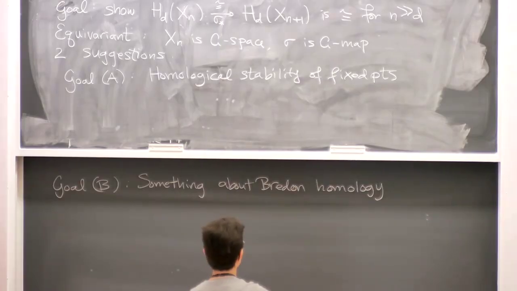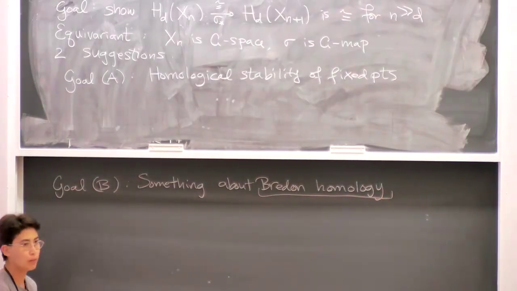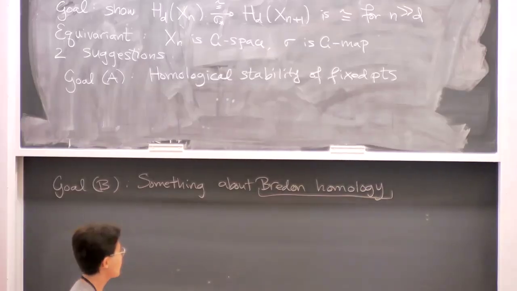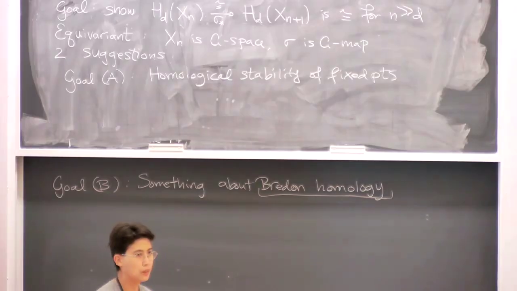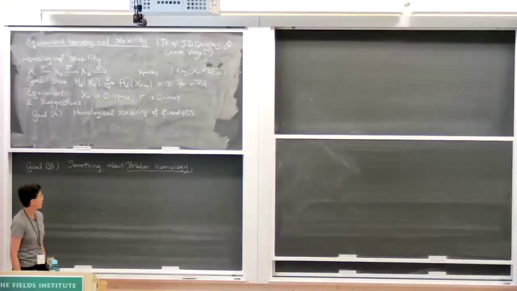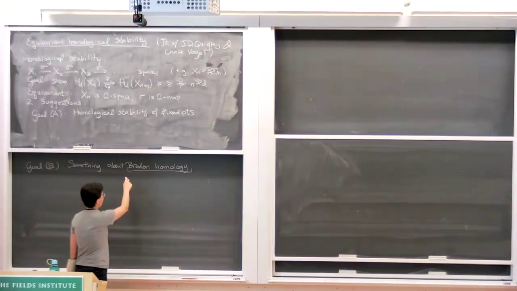I'll come back and make this more general, but I just want to say a few things about what Bredon homology is. If you haven't seen this before, the thing to keep in your head is that it's the correct notion of cellular homology if you're working in the realm of G-spaces or G-CW complexes.